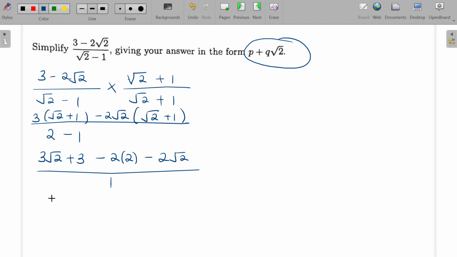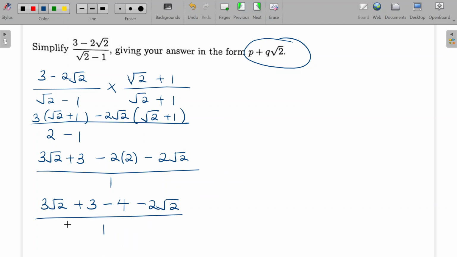When you reach here, they want me to write it in this form, so I'll get the like terms together. Let me start by saying 3 square root of 2 plus 3, then minus 4, then minus 2 square root of 2, over 1.